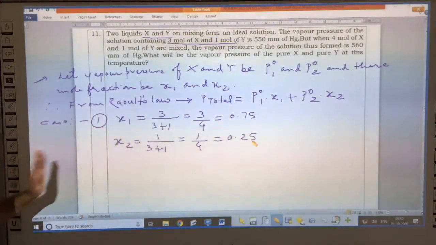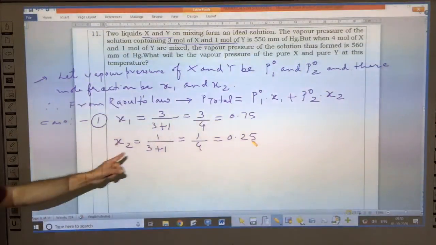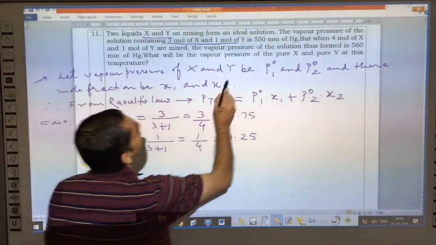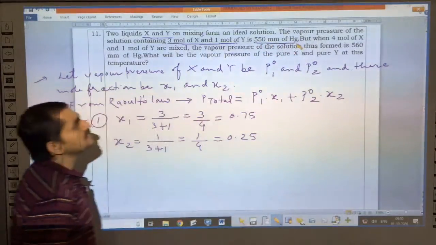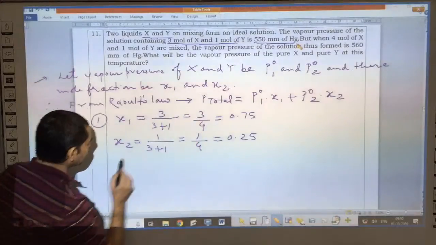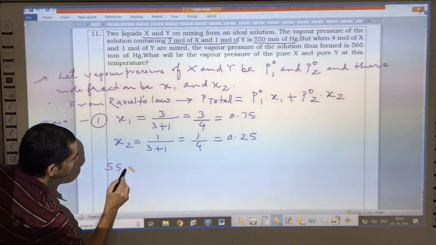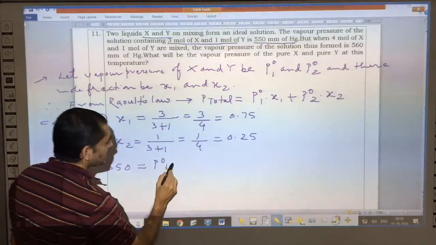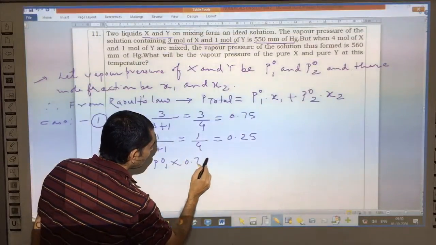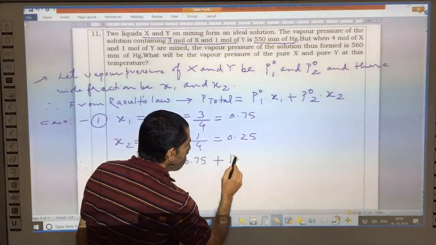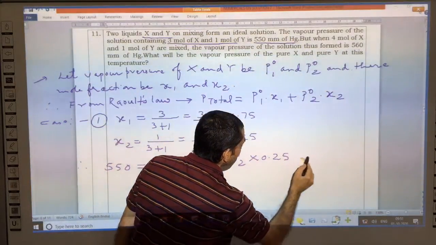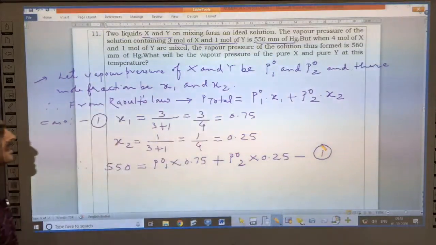We have calculated the mole fraction of both components in case 1. Now you apply this. Therefore, P total for first is 550 mm of Hg. Clear? So we will write 550 is equal to P01 multiplied by 0.75 plus P02 multiplied by 0.25. This is equation number 1. Clear? This is case 1.